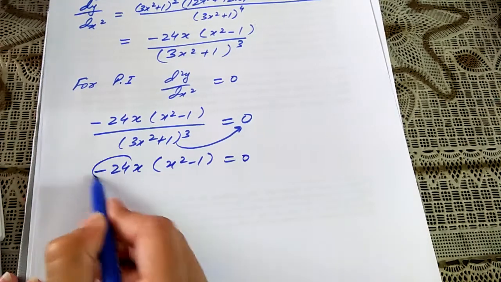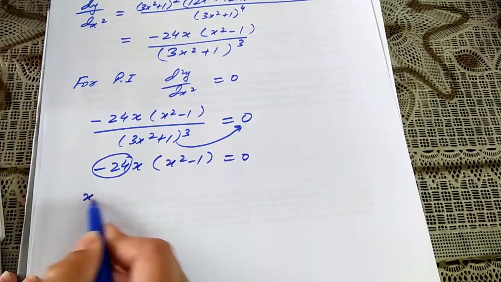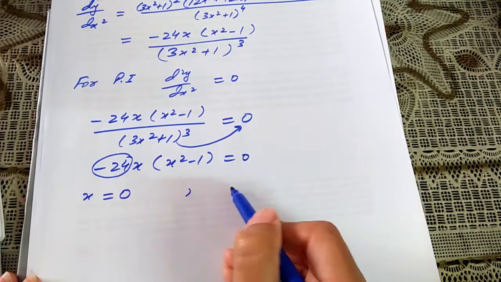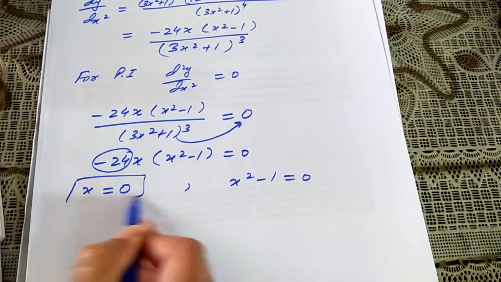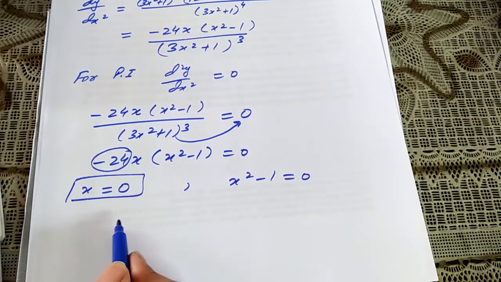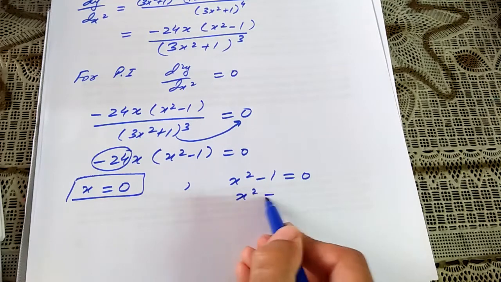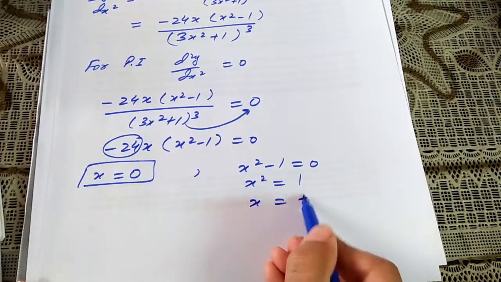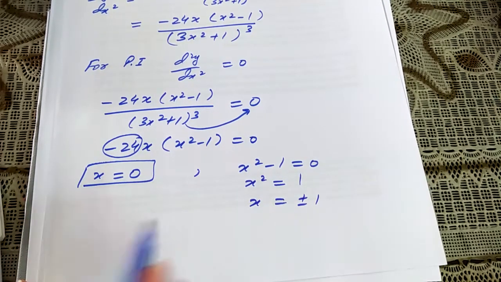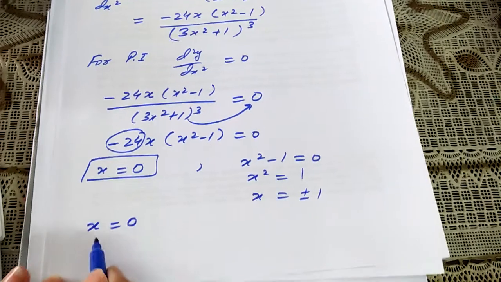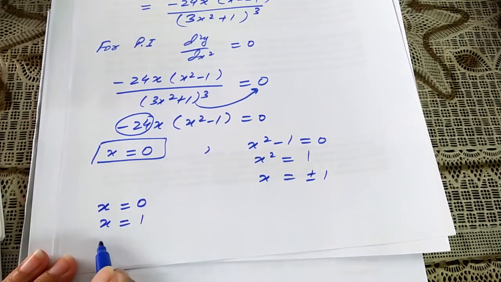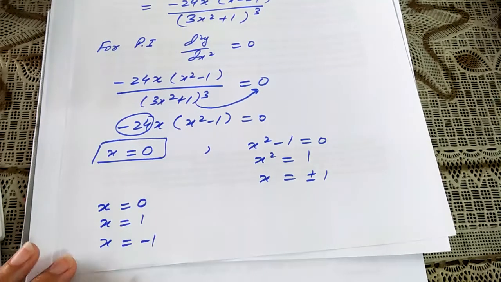Now you know that the denominator cannot be 0. So x equals 0 or x squared minus 1 equals 0. One point we get is x equals 0, and from the other, x squared equals 1, so x equals plus or minus 1. So we got 3 values for x: x equals 0, x equals 1, and x equals minus 1.